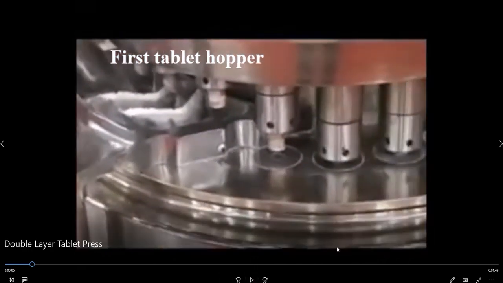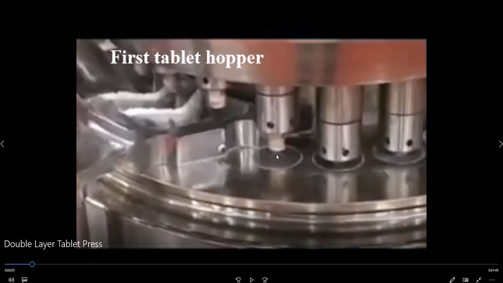Okay, I want you to look at this video. What you see here, we call these the upper punch stations. This is a station carrying an upper punch. And what you see here is the die, where the tablet gets compressed.